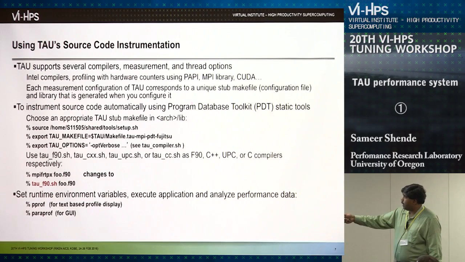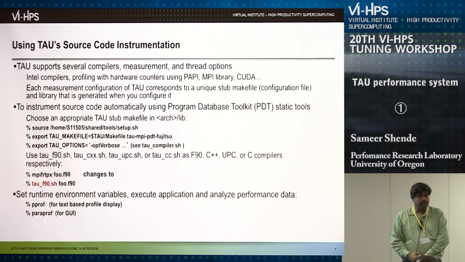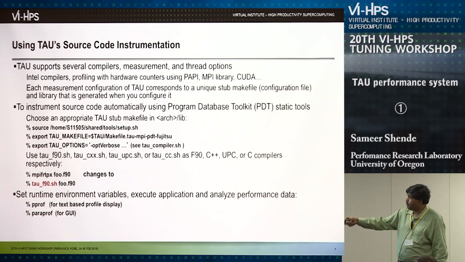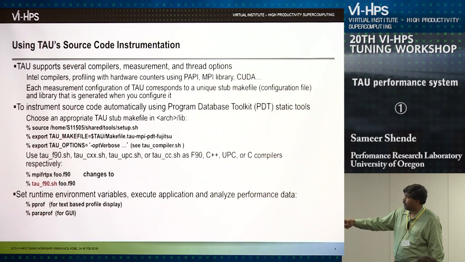To instrument the program automatically using our static analysis tool called Program Database Toolkit, we just have to first set up Tau in our path, which can be done with this source command. And then you set this TAU_MAKEFILE, which points to the configuration file.